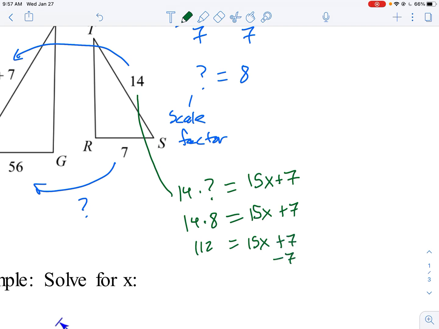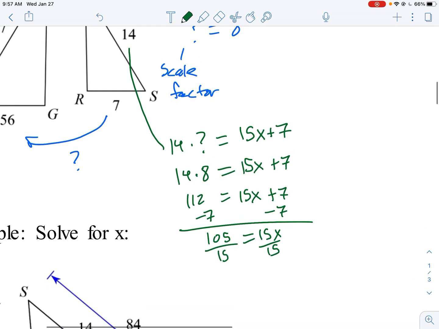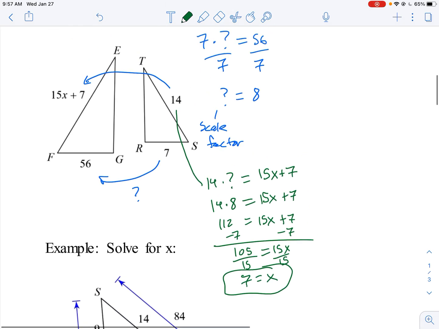And I can subtract 7, and then I'll divide by my 15 to get my x value. So x is 7. All right, x is 7. So we found our unknown value for this x. Hooray! So there you go, that's using scale factor.